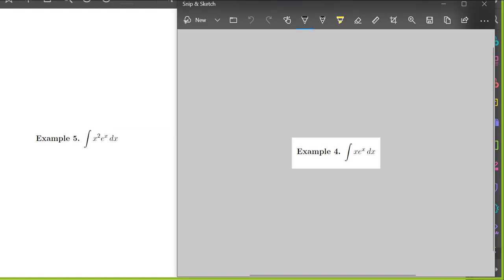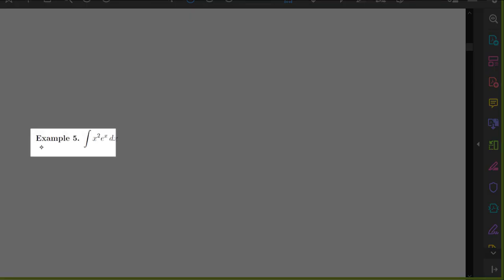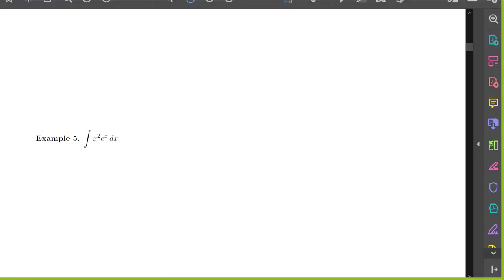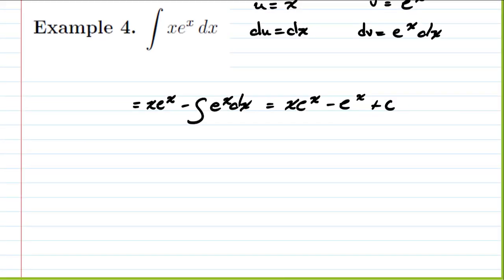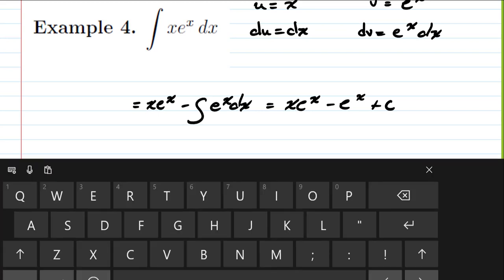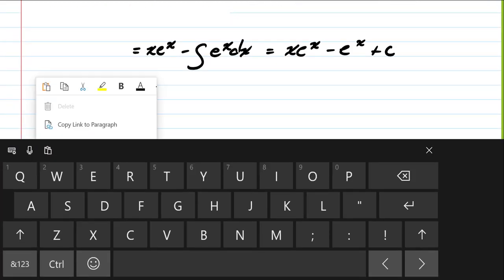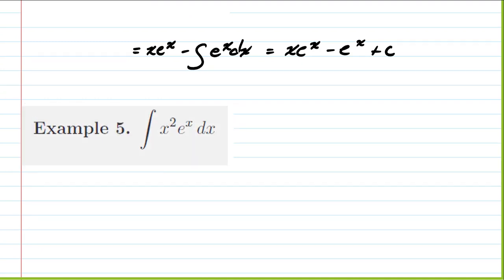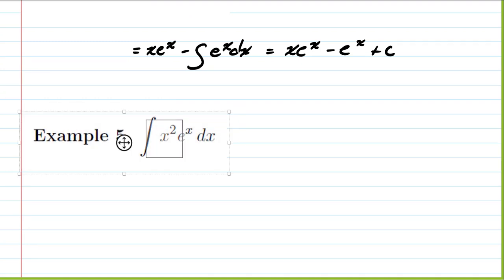All right, let's do example number 5, but let's do a little comparing and contrasting. So example 5 looks a lot like example 4, but the only difference is, instead of an x, I have an x squared.